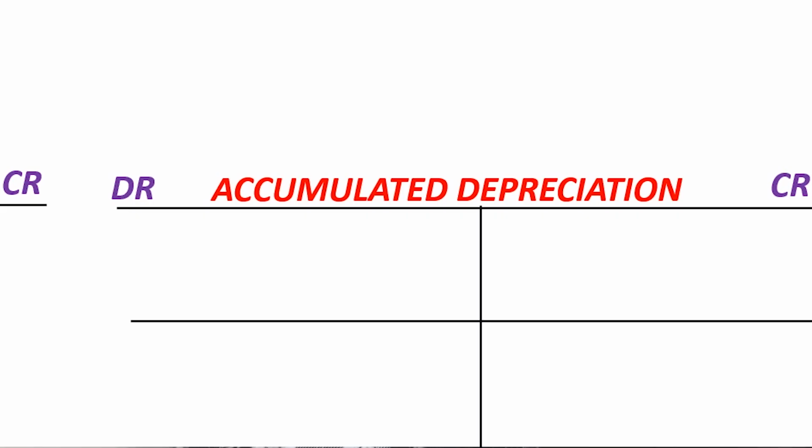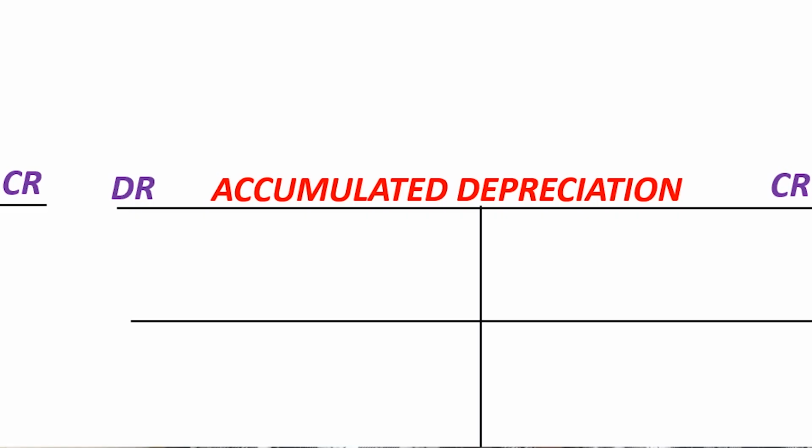You take note that the depreciation expense account is handled in the profit and loss. So we know that accounts of profit and loss are always closed off at the end of the year. But the account for accumulated depreciation will have a balance that is supposed to be carried forward to the next trading period.